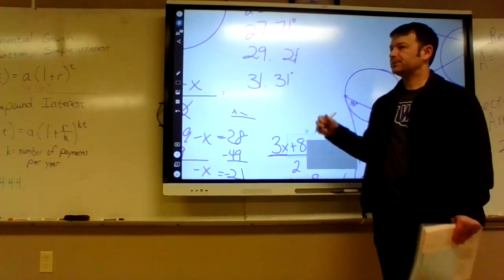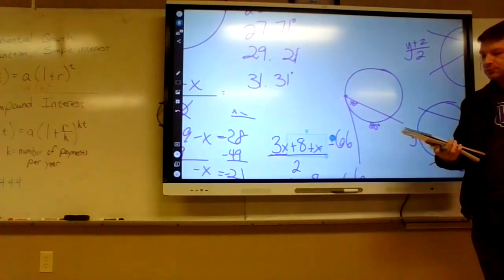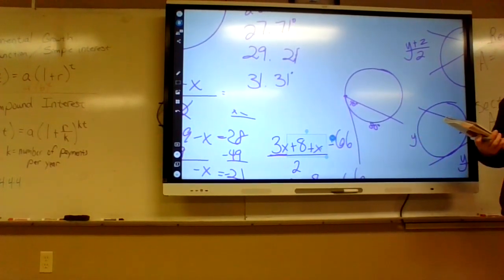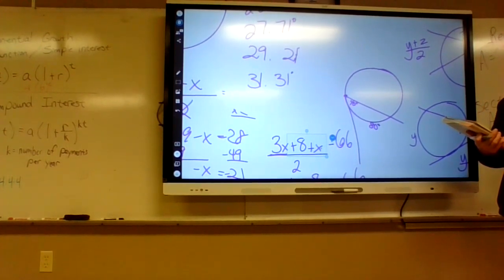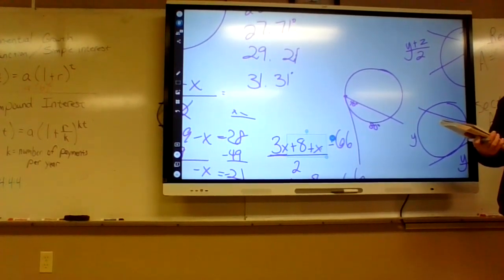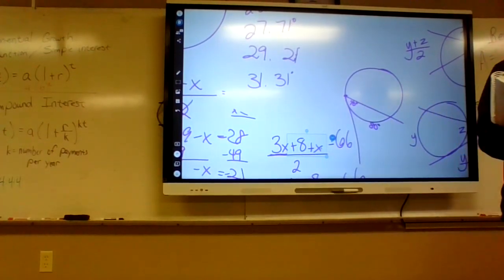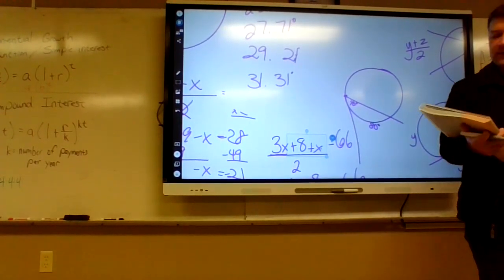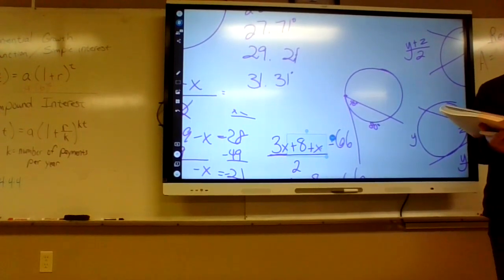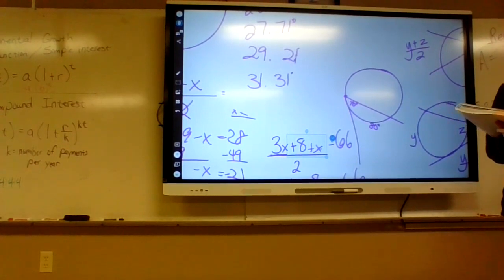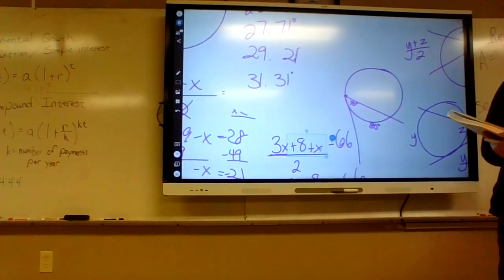Can you help on 32? Wouldn't it just be 120 minus x equals 44 on 32? No. So the trouble with 32, you guys see the problem with 32? They're not giving us the big arc. They give us the small arc is X, but they don't tell us what the big arc is.